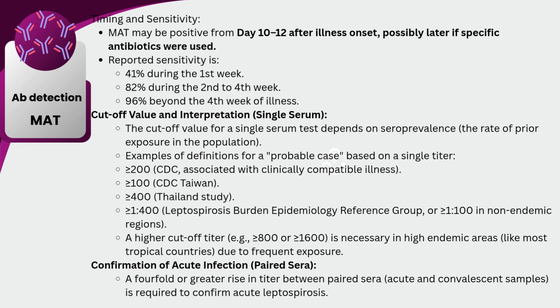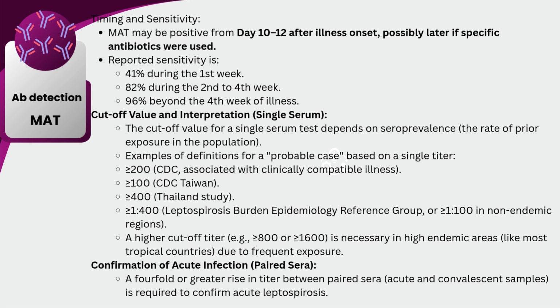So next, the cutoff value. The cutoff value for a single serum test is influenced by the seroprevalence in the population. For example, a titer of more than 200 is used by the CDC for probable cases. In Taiwan, it's more than 100, and in Thailand, the cutoff is greater than 400. And in non-endemic regions, it's more than 1 in 100.